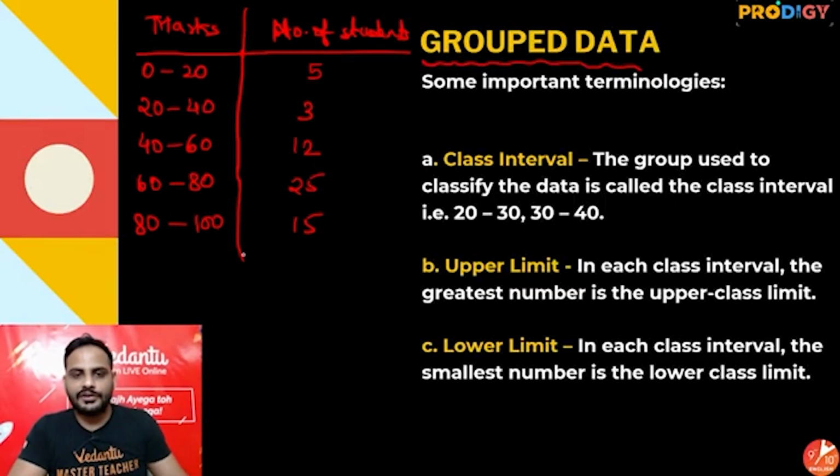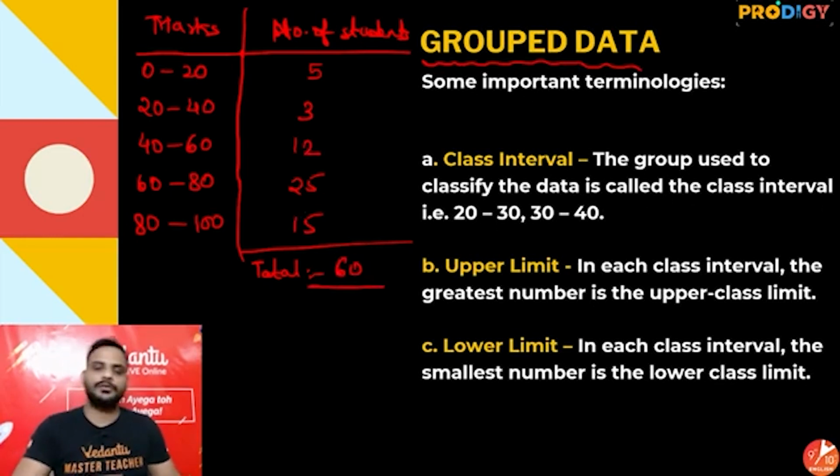So these are the students. How many students do we have in total? 3 plus 5, 8, plus 12, 20, and 25 plus 15 is 40, so 20, 40, 60. Total 60 students are there. And you can see the class is a good class because 15 students have got 80 to 100. 8 students have got less than 40, so they failed. So this way you can interpret the data.